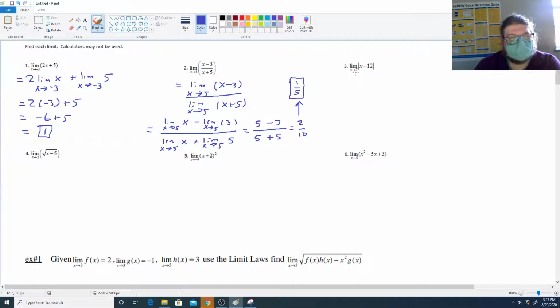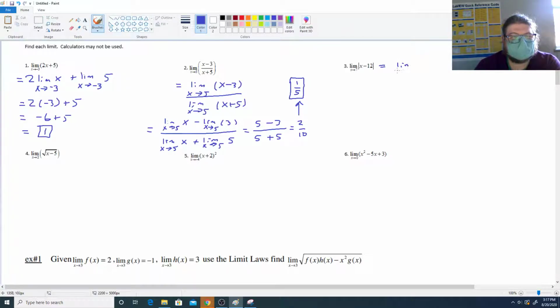Okay, since we're looking at the value 7 here for absolute value, for this one, we're going to let x get very close to 7. So we'll think about this. As x gets very close to 7, something very close to 7 minus 12 will get very close to -5.